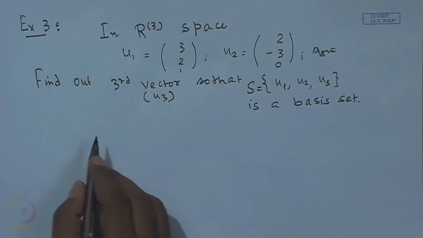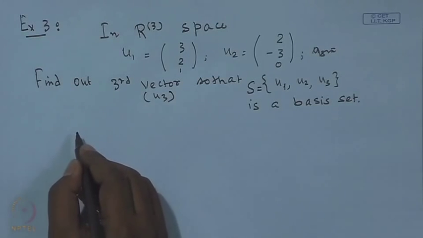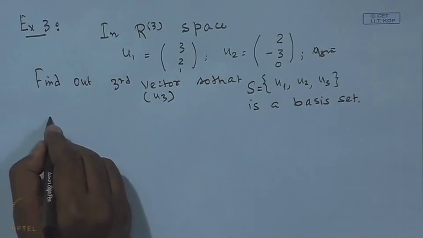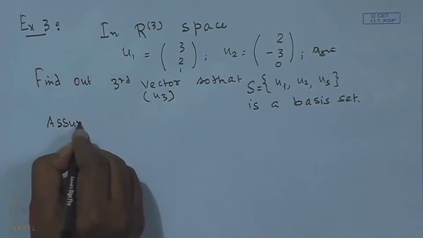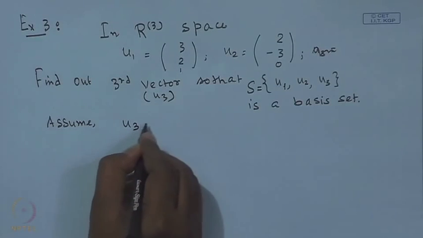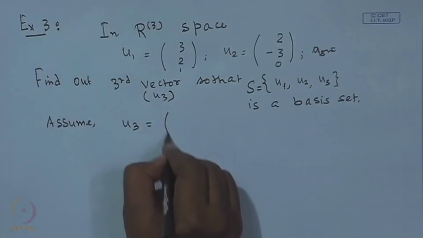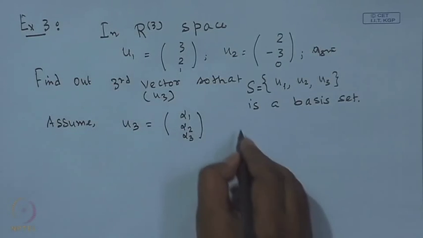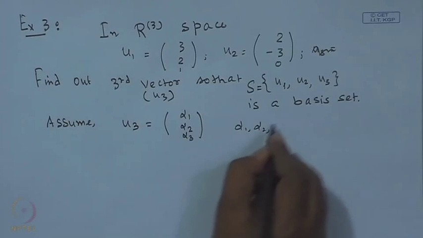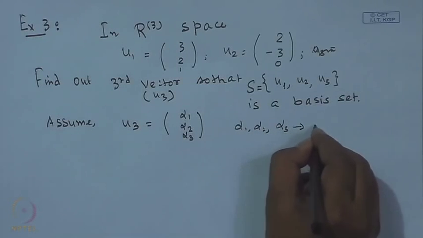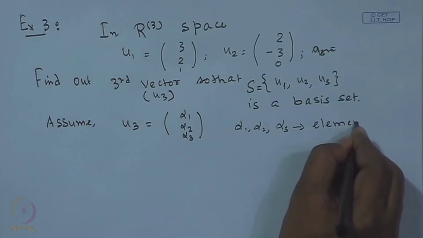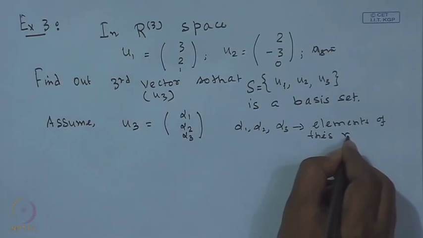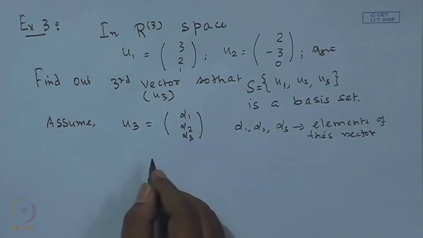If you look at this problem, first we do not know the elements of the third vector. Therefore, we assume that vector number 3, that is u3, is nothing but (alpha 1, alpha 2, alpha 3), where alpha 1, alpha 2, alpha 3 are elements of this vector that we are going to determine.